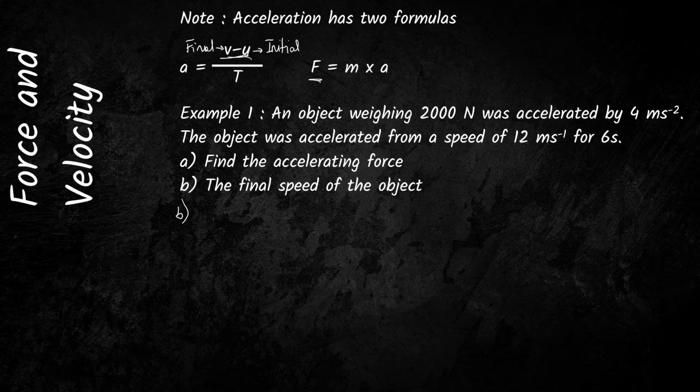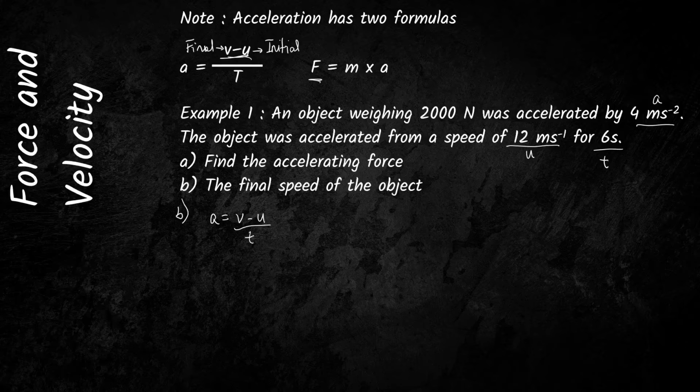All right. So let's say, for example, you have this right here, the final speed of the object. We know 12 meters per second, which is the initial speed of the object. We know 6 seconds is the time. We know 4 meters per second squared is the acceleration. So it should be very easy to use the velocity and the acceleration formula to figure out the final speed. So a is equal to v minus u upon t.